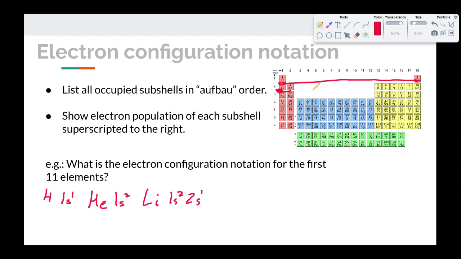Beryllium, now you have to fill the whole 2s subshell. So beryllium would be 1s2, 2s2. Boron, now we've completely filled the 2s and we're into 2p. One step into the 2p.